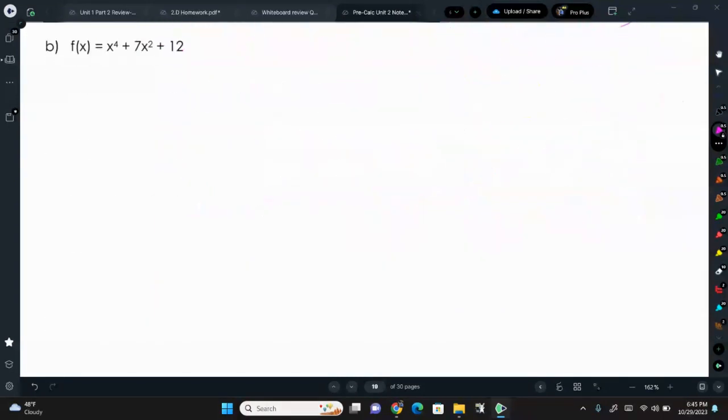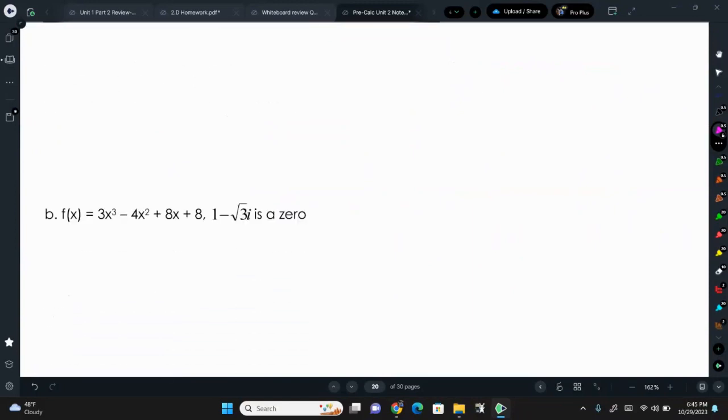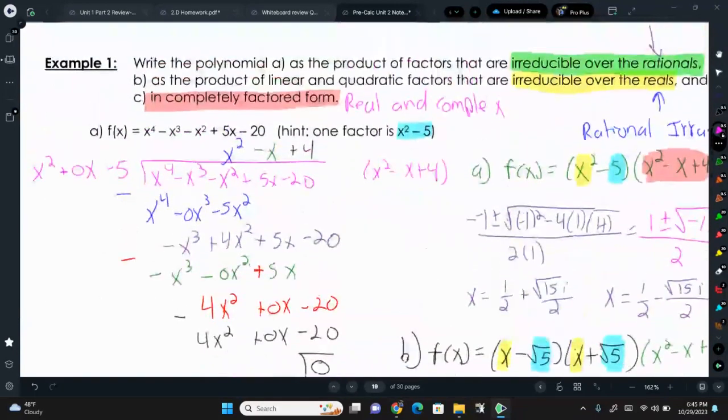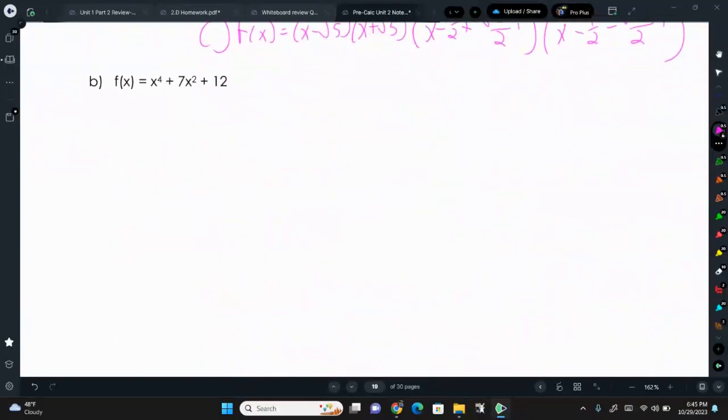Right, now for example B, and then example 2, A and B, we're just going to find the zeros. We're not going to do all these steps for them because it can be time consuming. So we have x to the fourth plus 7x squared plus 12.